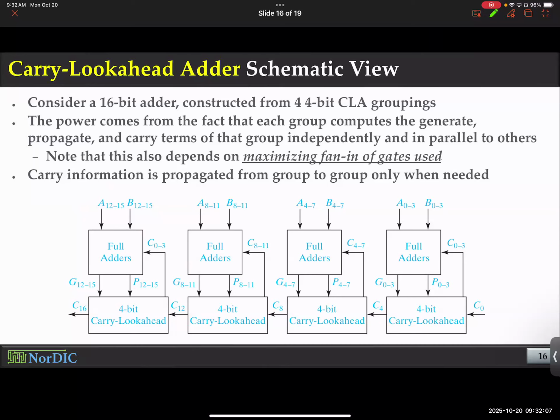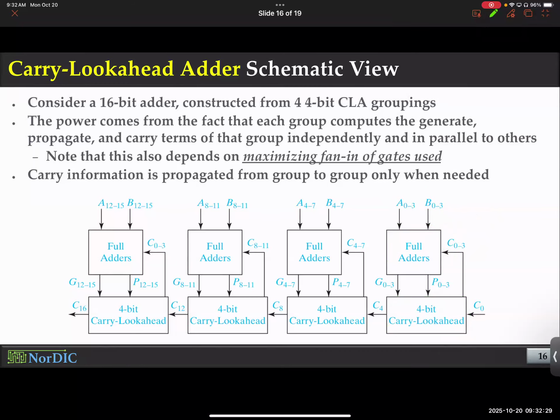So here is what we do. You have the 4-bit block that we just talked about. You deal with 4 bits at a time, A0 to 3, B0 to 3. Remember, we often just bundle together multiple bits to show them. So there are 4 full adders within this block, but it is being represented as a bus.